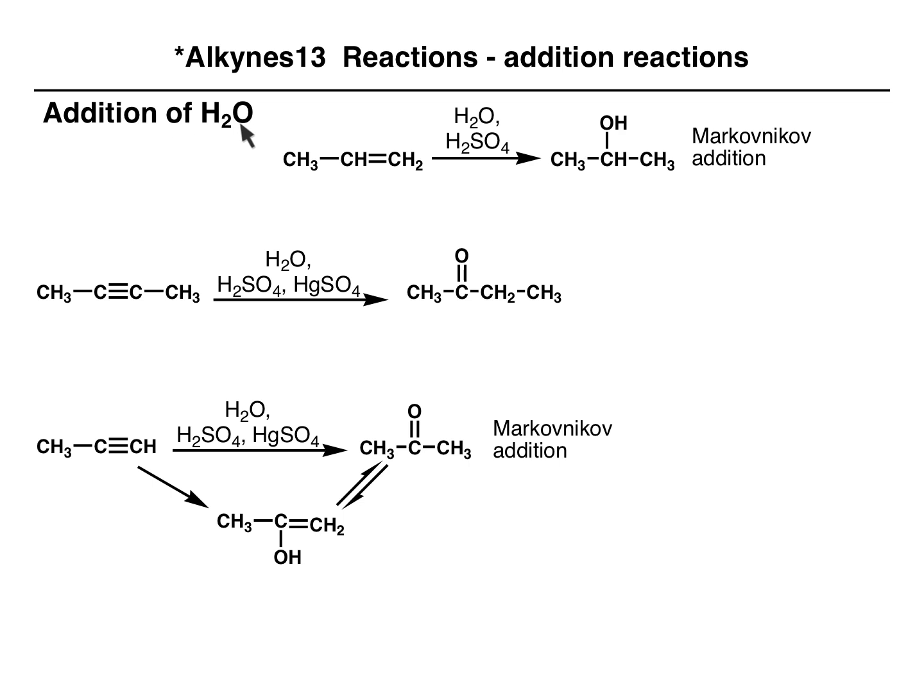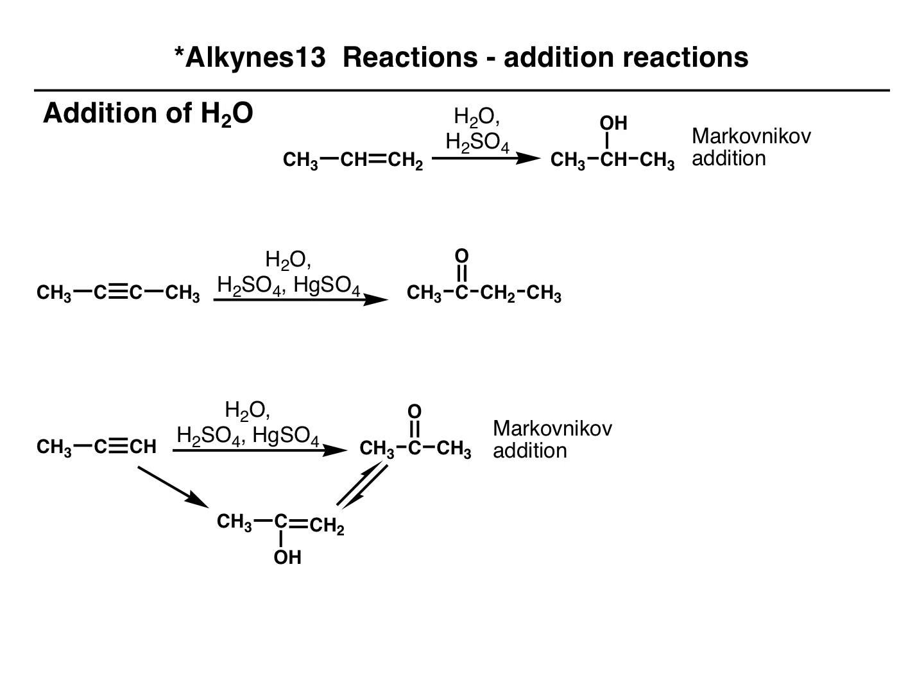Next, let's consider the addition of water. With alkenes, we saw that we could carry out an acid-catalyzed hydration, and this would result in Markovnikov addition of hydrogen and the OH across the double bond. With an alkyne, rather than doing an acid-catalyzed hydration alone, you can use an acid-catalyzed hydration in the presence of a mercury salt.